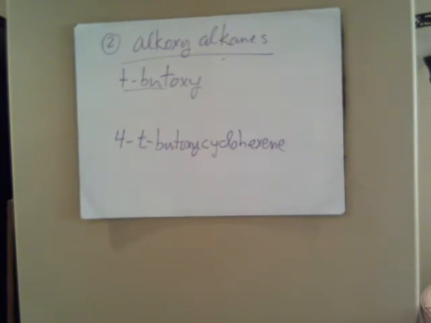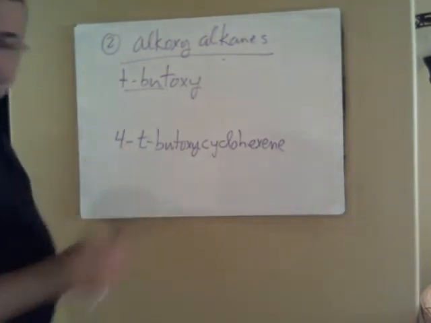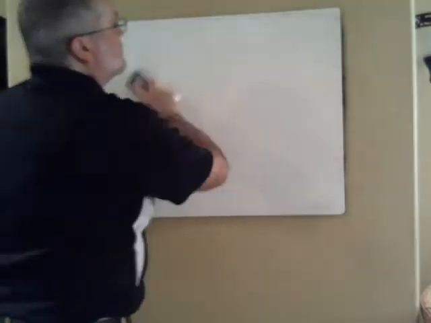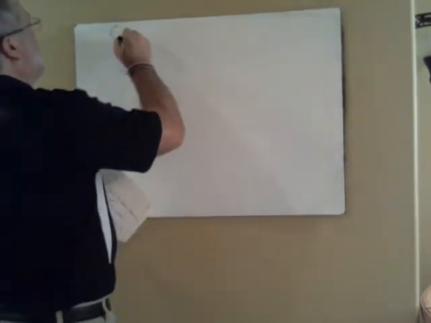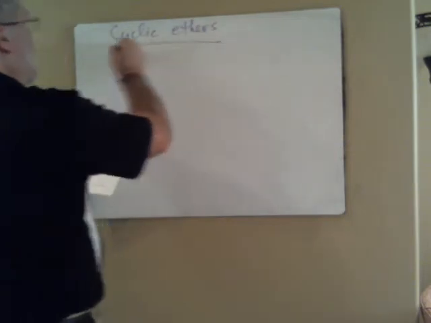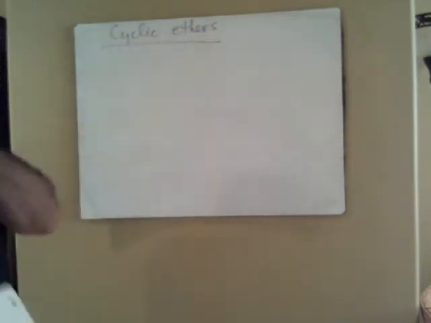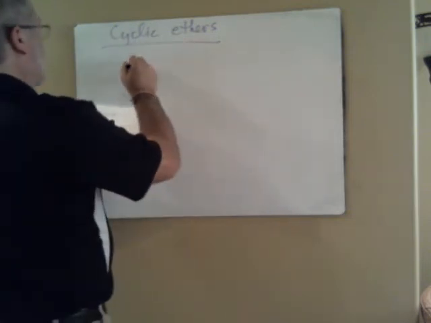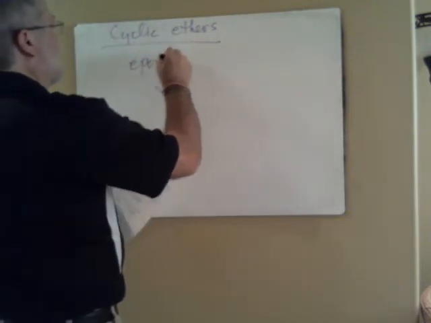Now, what about cyclic ethers? Have to think about them a little differently. Okay? Cyclic ethers come in different forms, and the main one we're going to talk about is epoxides.